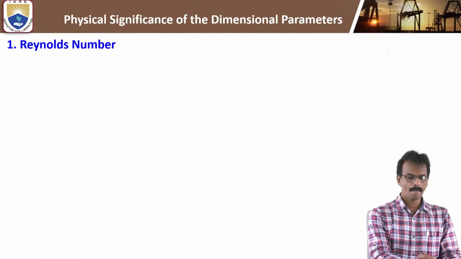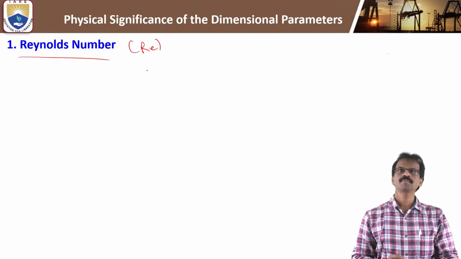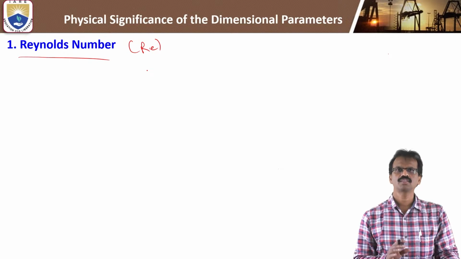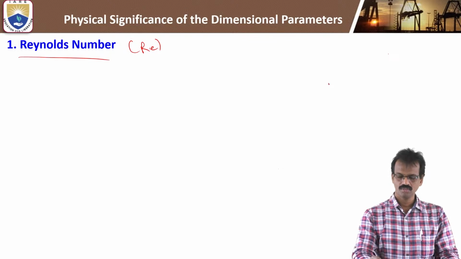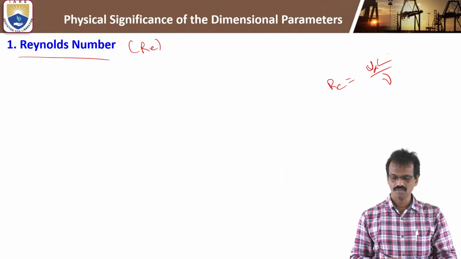So this is the Reynolds number. It is represented by Re. In forced convection, the influence of the Reynolds number is very high, because you know that Re is equal to UL by nu. U is the stream velocity or fluid velocity.